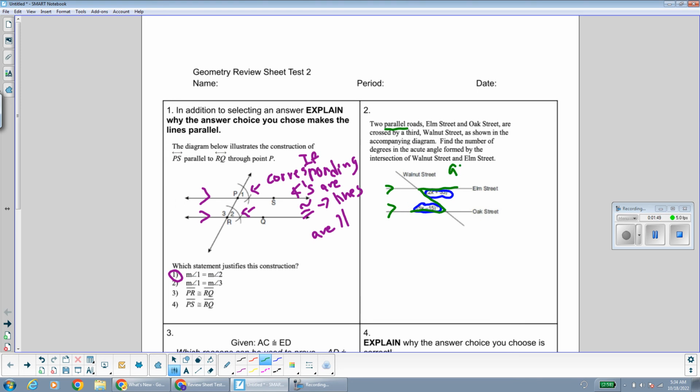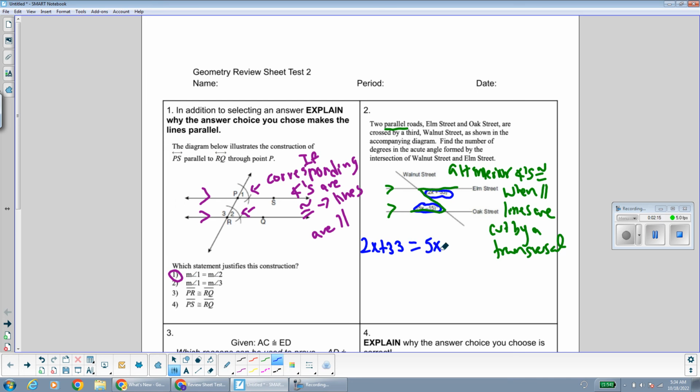So I'm going to write that here: alternate interior angles are congruent when parallel lines are cut by a transversal. Okay, so 2x plus 33 is equal to 5x minus 15.